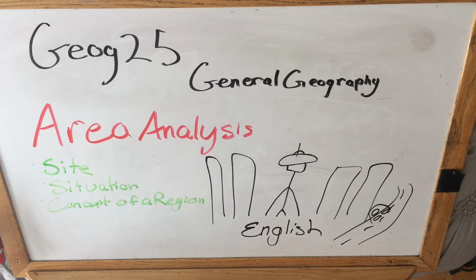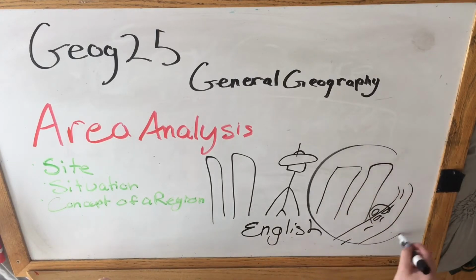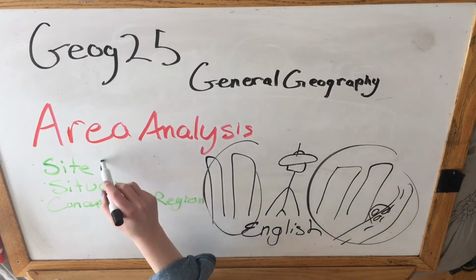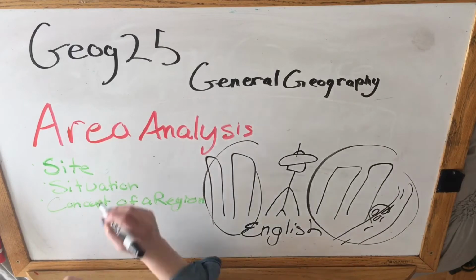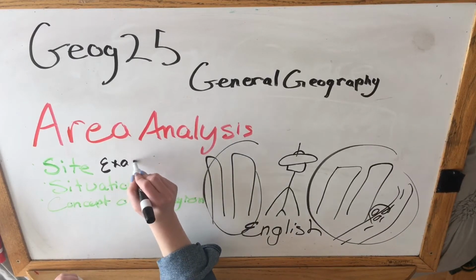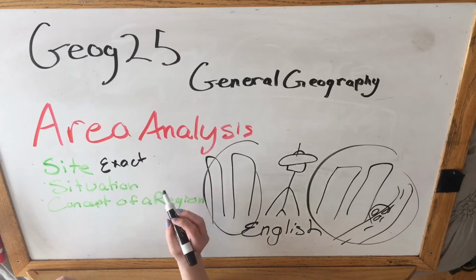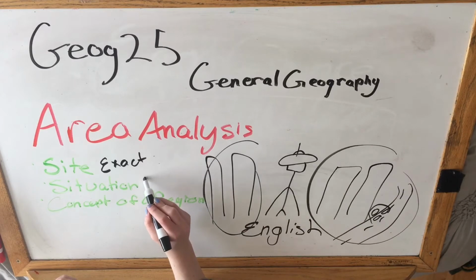So the situation is the location of a place relative to another place. So your knowledge of the Space Needle and where it's at will help you with your situation. So with the site being an address, so exact, the situation is according to what's around you.